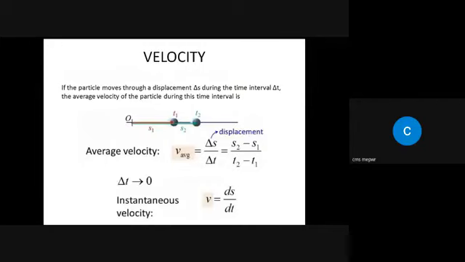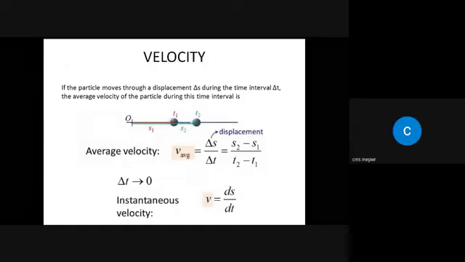After a change in time, when time was t2, the displacement became S2. So the change in displacement during the time change, and the time change in this case is t2 minus t1. How can you find the change in displacement?